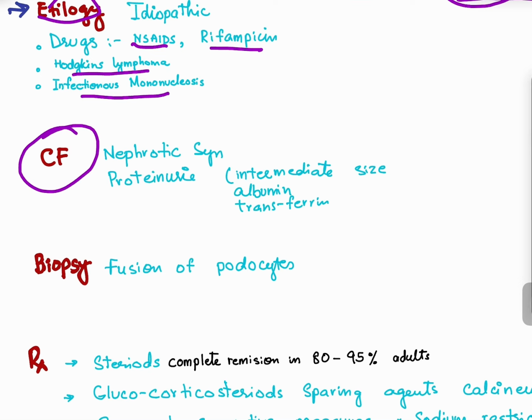But typically the sudden onset of nephrotic syndrome in MCD is in contrast to a gradual increase in proteinuria over weeks to months in most other causes of nephrotic syndrome. The nephrotic syndrome comes with intermediate size proteinuria including albumin and transferrin.